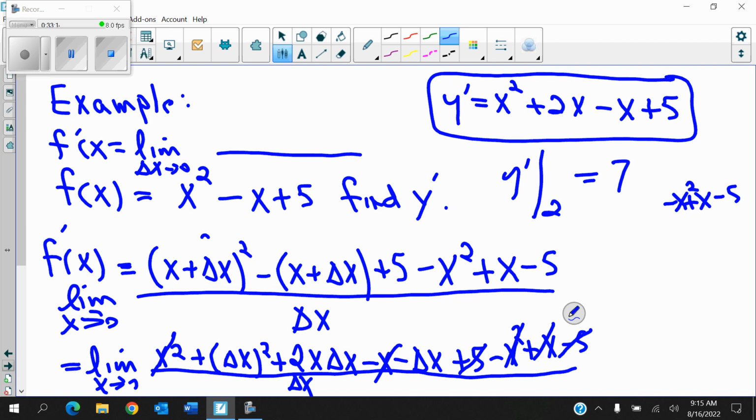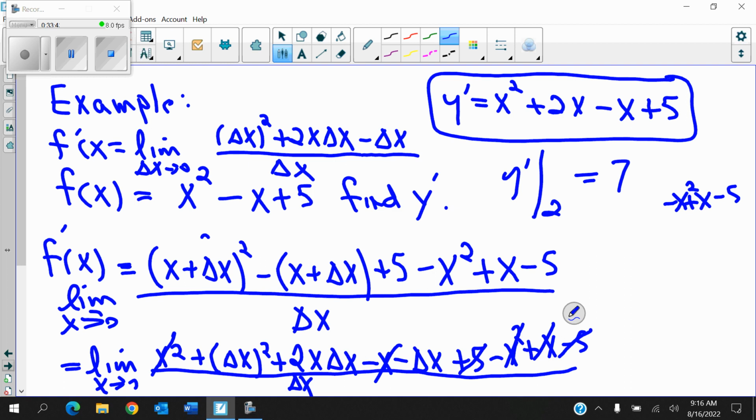Okay, so now we got the quantity delta x squared plus 2x delta x minus delta x. This is all gone. And this is all over delta x.